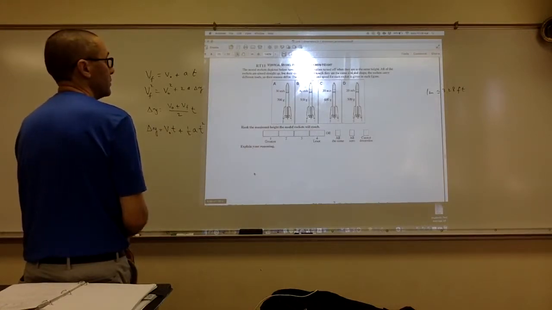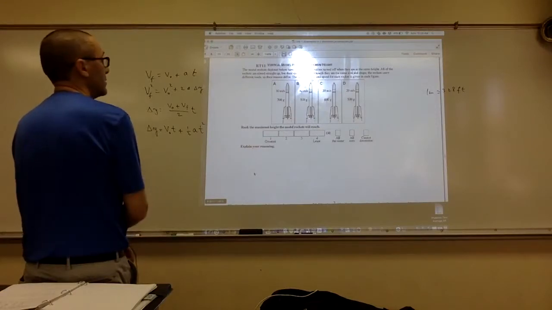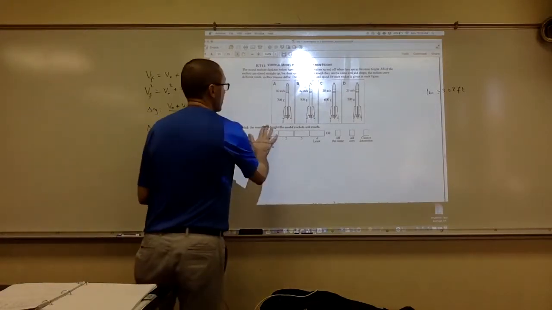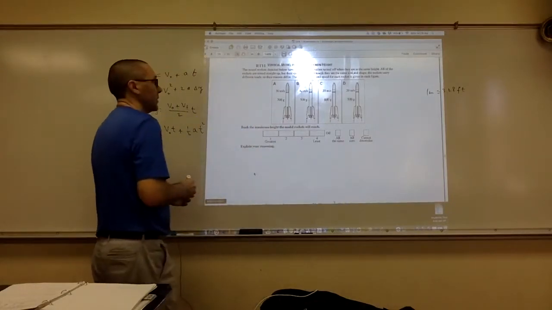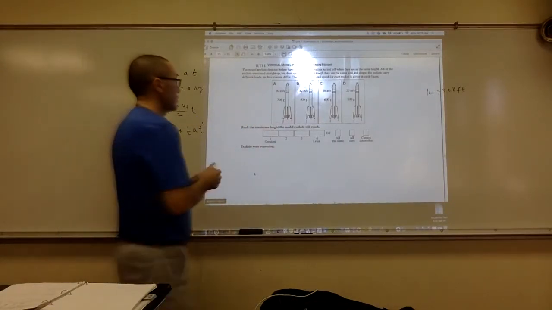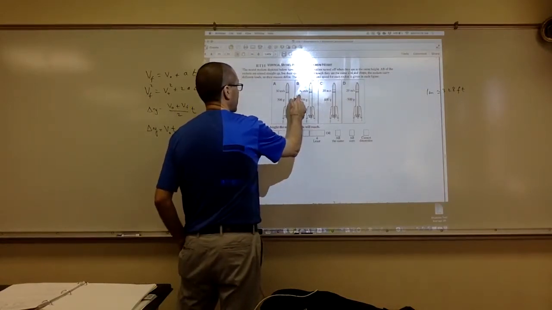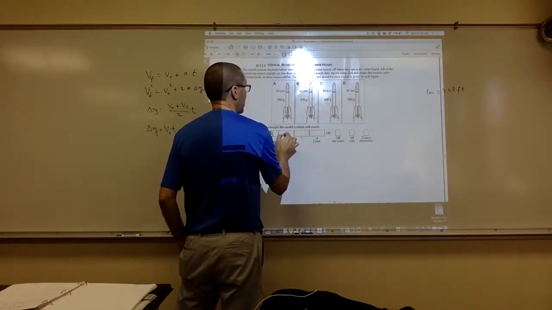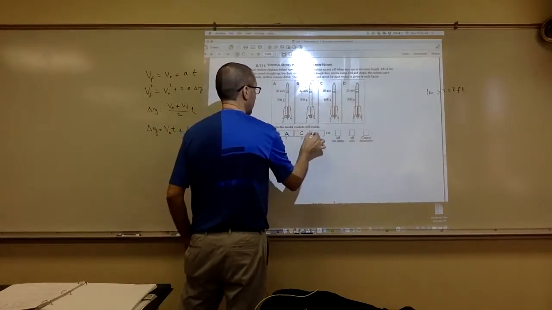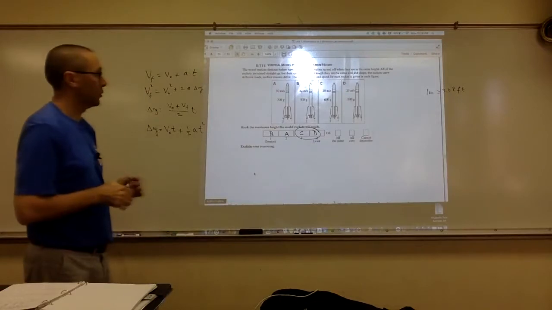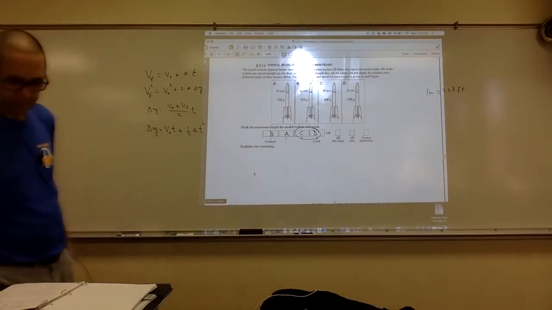Yeah, so none of the equations talks about mass here. The maximum height basically is just going to be based on the initial speed. So the first one is B because you fire it the fastest. Then comes A. The C and D are fired with the same speed. So you will reach the same height.